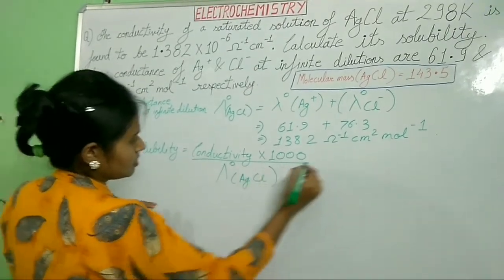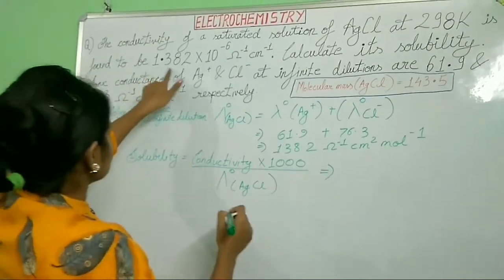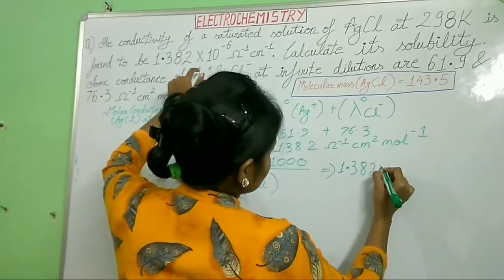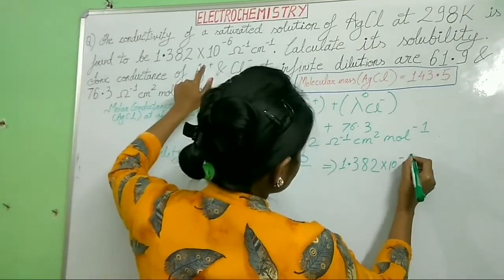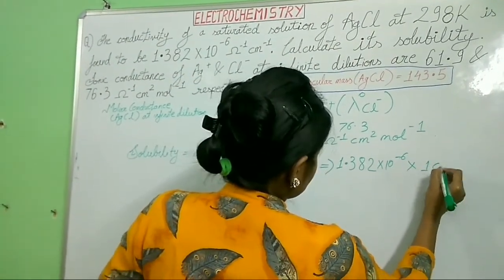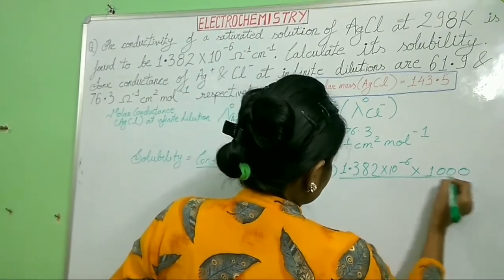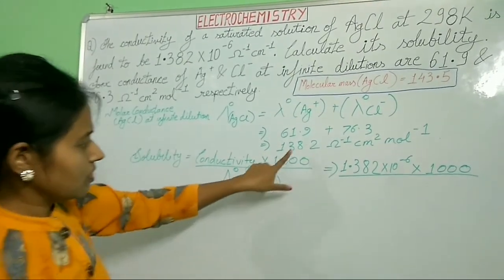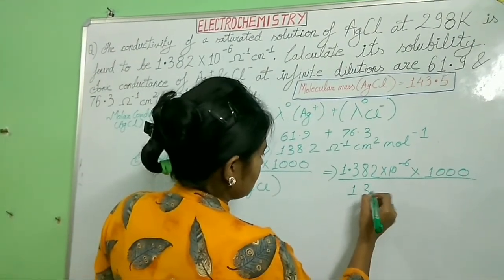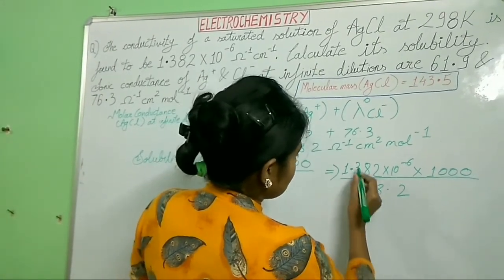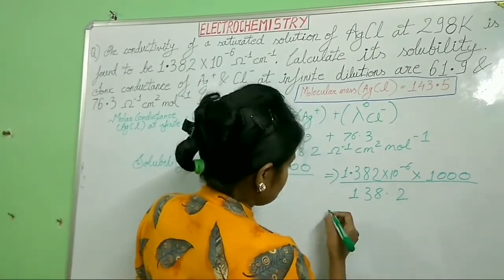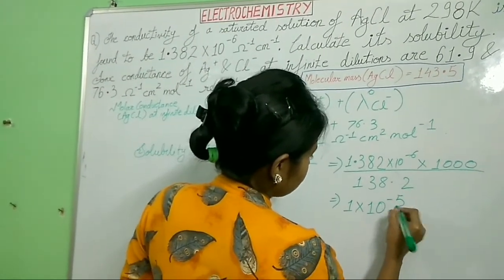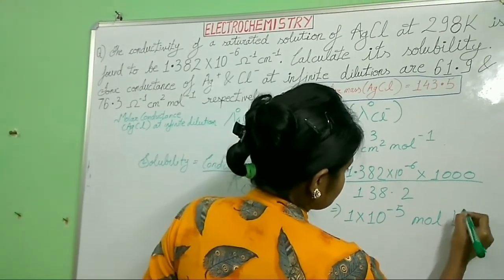So, what is the conductivity given in the question? Conductivity given in the question is 1.382 into 10 to the power minus 6 into 1000 divided by the molar conductance at infinite dilution of AgCl we have found out, 138.2, right? Now, if we calculate this, then we will get 1 into 10 to the power minus 5 mole per liter.